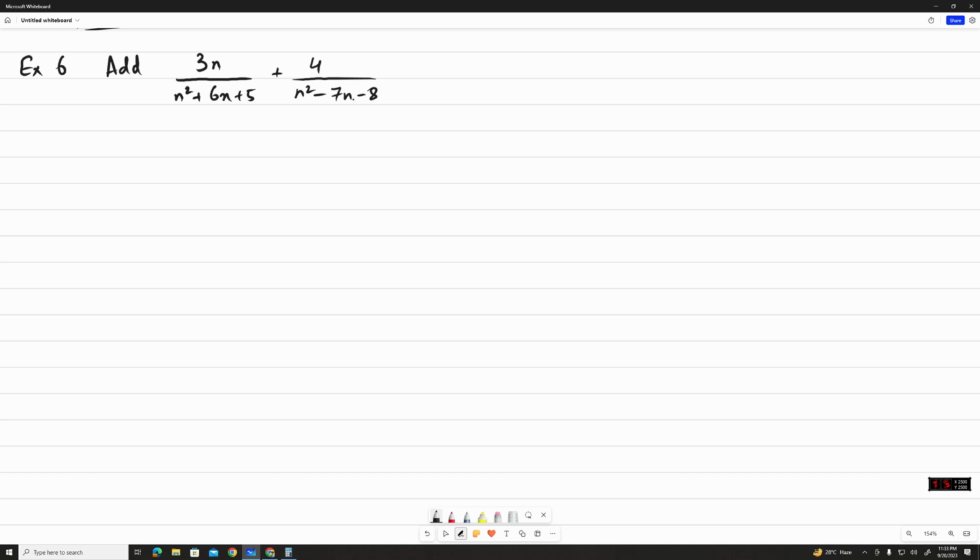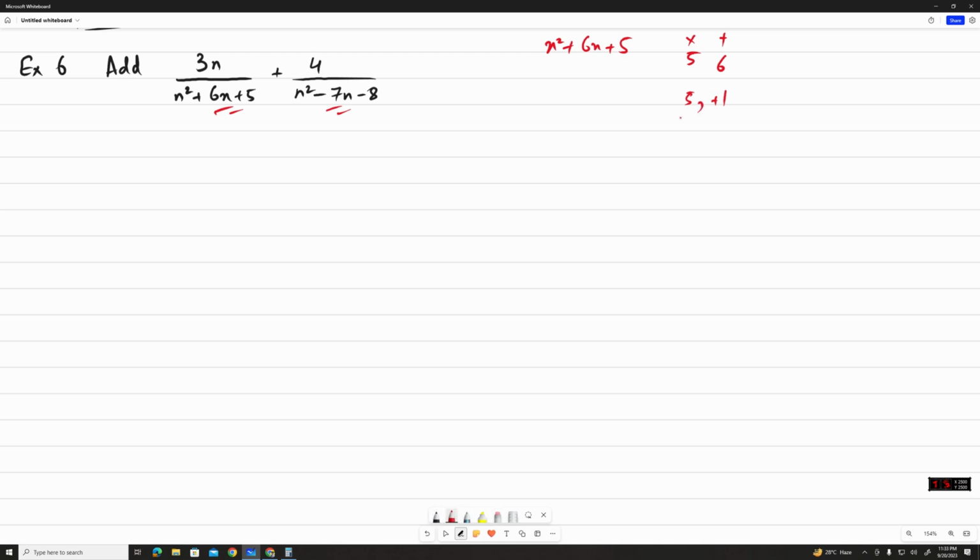So what did I say before in the previous example? We need to simplify our denominators. We can simplify these two terms. So let's start with the first term, x squared plus 6x plus 5. How to simplify it? What two terms multiplied give 5 and added give 6? It's going to be 5 and 1.